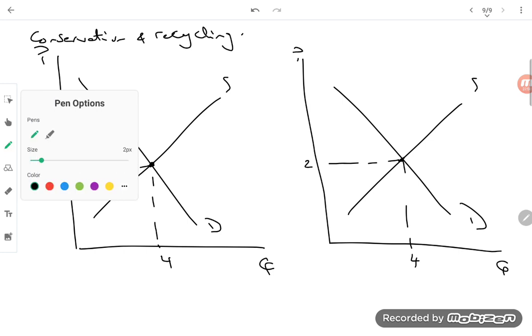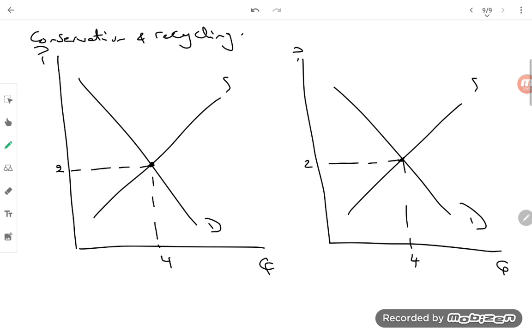Now let's assume that country A is a low tax country, so they are going to add only one additional pound per ton. So the supply curve will shift to the left, and we are going to have a new supply curve at 3, for example. This is equivalent to a $1 tax rate.